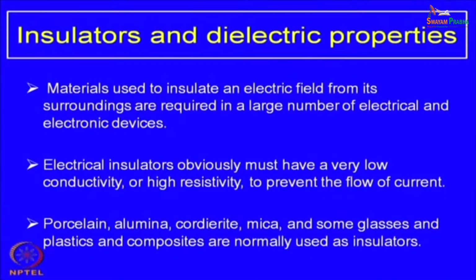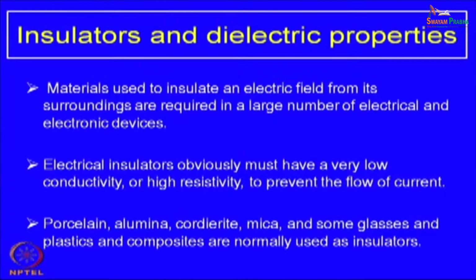The examples of some of these insulators we have seen earlier, and can be repeated here once again. The porcelain based insulators, clay based ceramics, aluminum oxide, alumina, cordierite is another important insulating ceramic. Mica is a natural mineral and also one of the ceramics, that is the layered kind of ceramics, and some glasses.